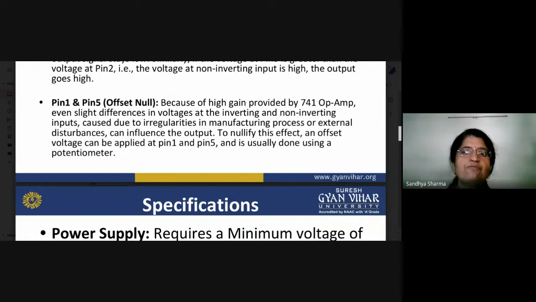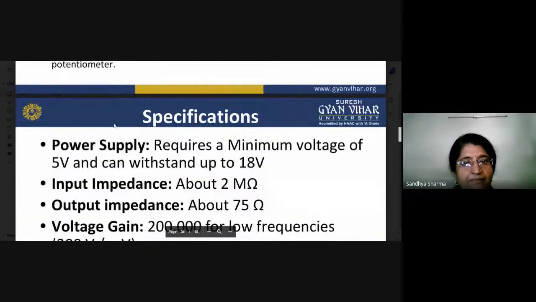So this type of mechanism is used to nullify the output voltage, meaning your requirement is to put V0 at 0 volt. Output voltage should be 0. So this mechanism is called the offset null points, and here we always have to connect a variable potentiometer. By applying the variable potentiometer, we can change the voltage supply of that particular pin number.